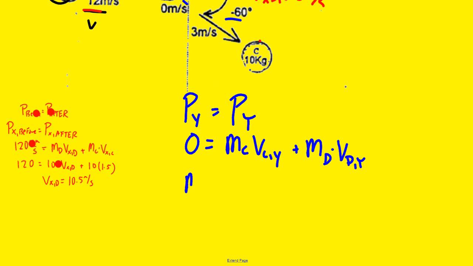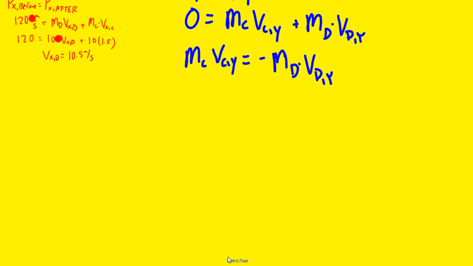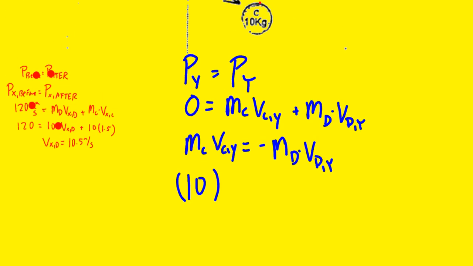I'll write it as the mass of C times the velocity of C in the y direction equals minus the mass of D times the velocity of D in the y direction. Performing the math, the mass of C is 10 kilograms. The velocity of C in the y direction can be found by doing some basic trigonometry.